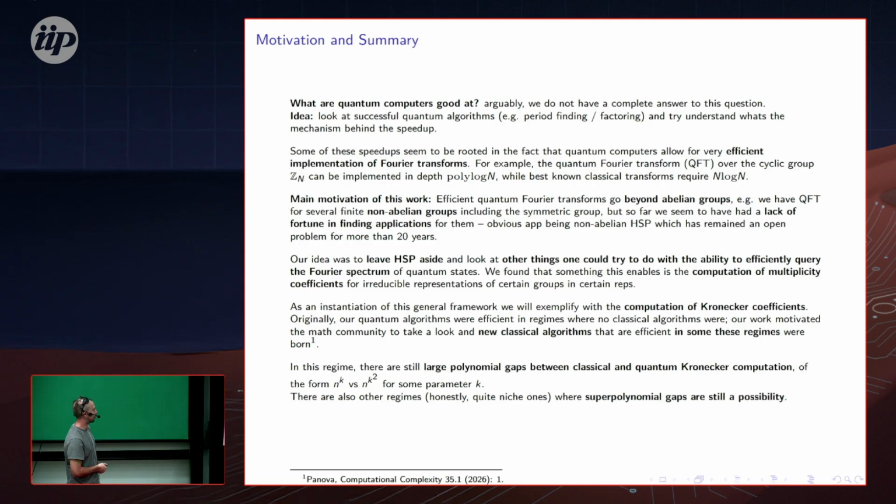For an arbitrary parameter k, I call the classical algorithm a dequantization because both are polynomial in the same regime, but the classical is n to the k squared, and let's say k is order 1, our quantum algorithm is n to the k. So there's still a very large polynomial gap. This is for a given subset of Kroneckers called diagonal Kroneckers, but more generally there is still potential for superpolynomial gaps in other regimes.